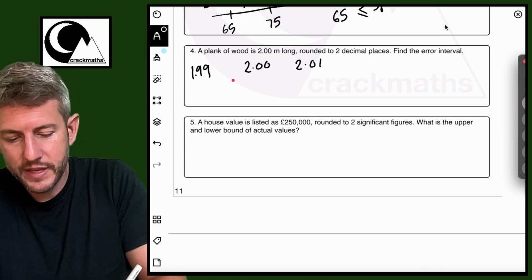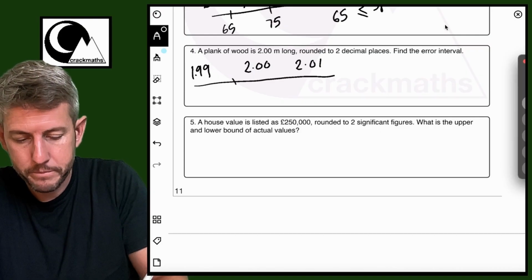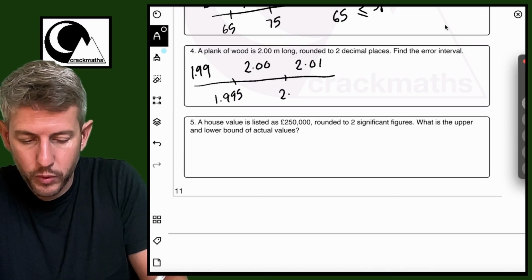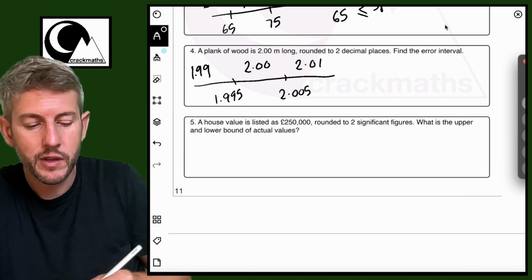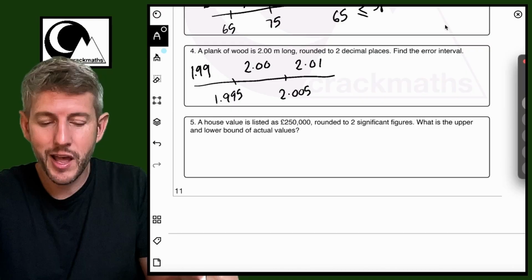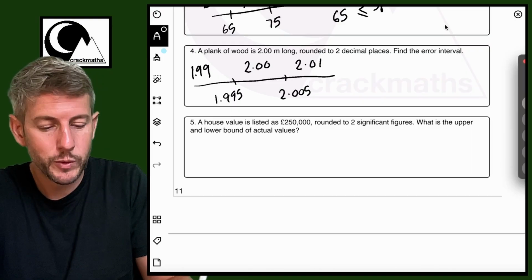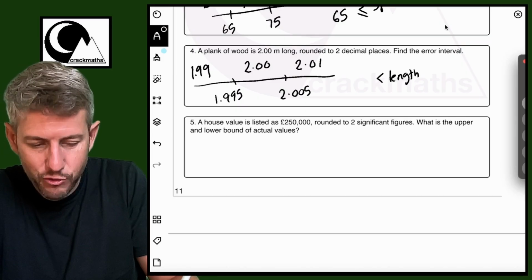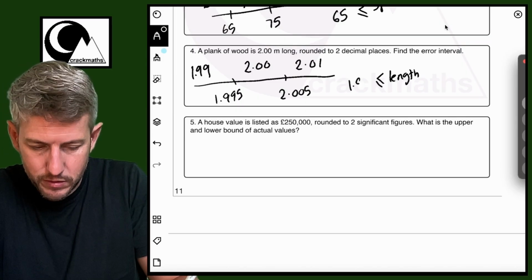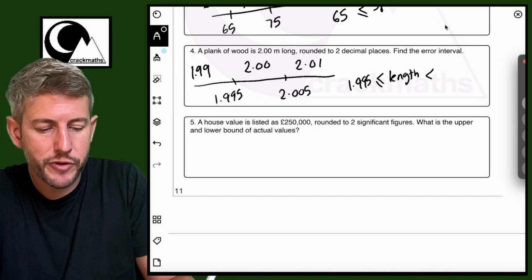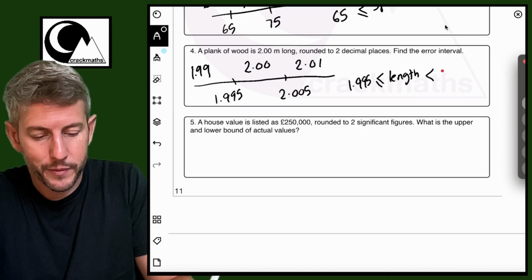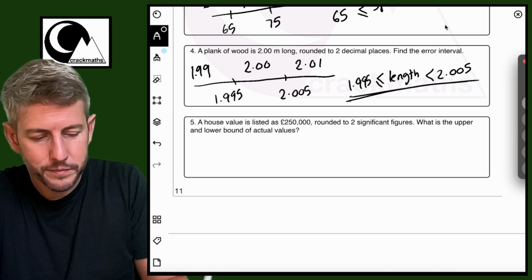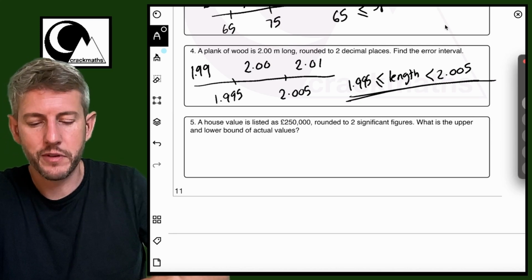The midpoints of these are 1.995 and 2.005. So here we go. These are the bounds of our error interval. So what we get is length, greater than or equal to the lower bound, and strictly less than the upper bound. So there we go.